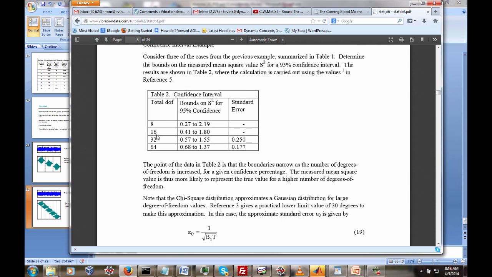But if we increase that all the way up to 64 degrees of freedom, then what we find is that those confidence bounds narrow. Then there's a related parameter called the standard error. So the higher our degrees of freedom become, the narrower our confidence intervals become for a given percent confidence level.